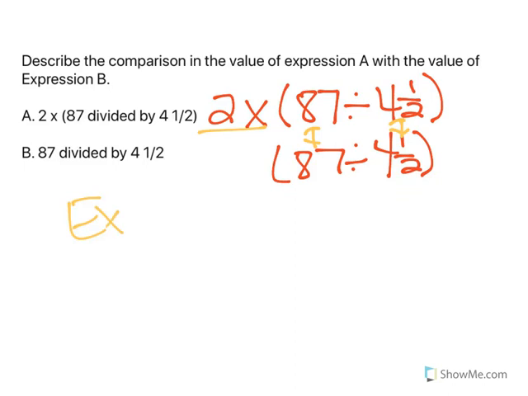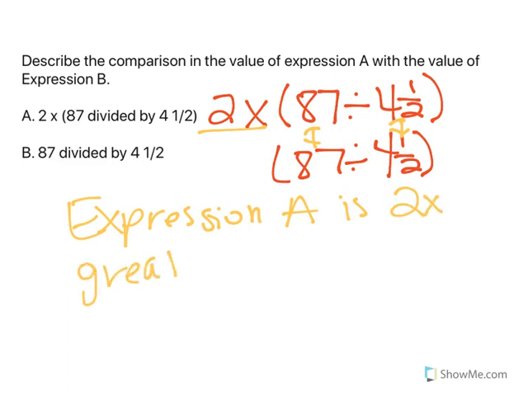So we would say that expression A is 2 times greater than expression B. Because when we do operations like multiplication and addition, remember, our numbers are getting larger. They're getting greater, not lesser.